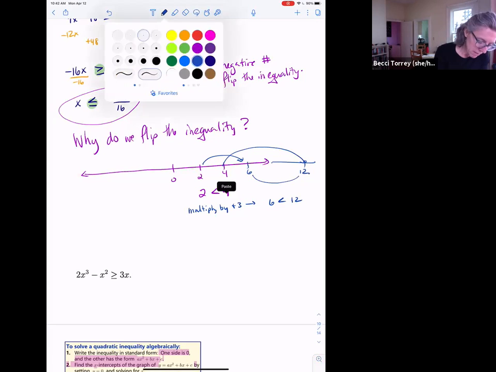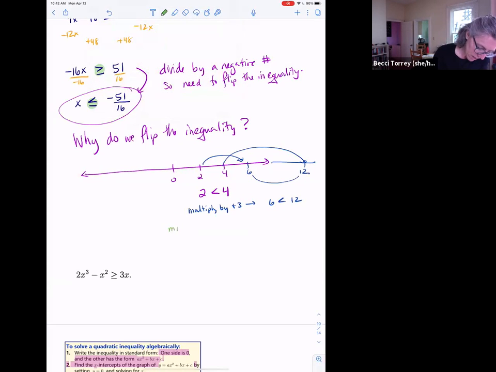But if I multiply by a negative number, like -3, then they go down, right? 2 goes down to -6, and 4 goes to -12. And -12 is less than -6.